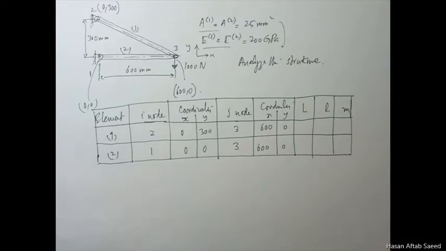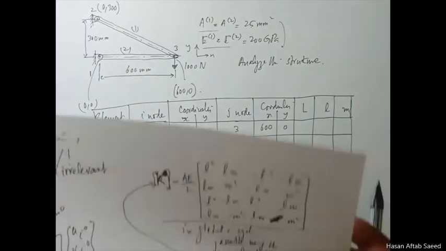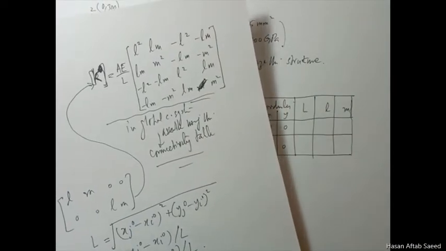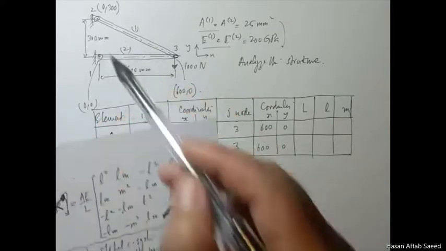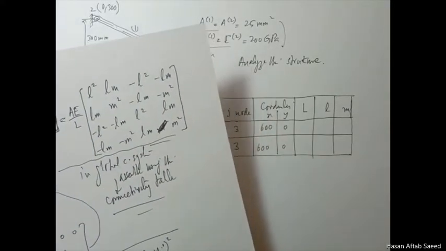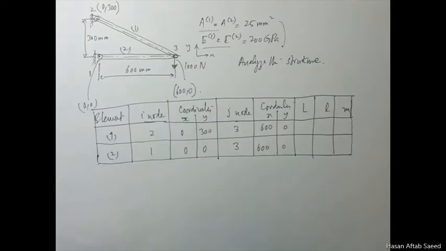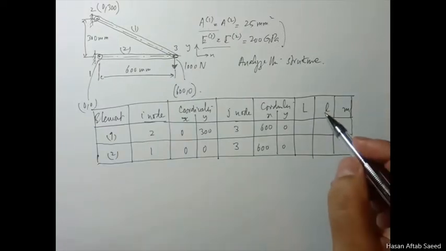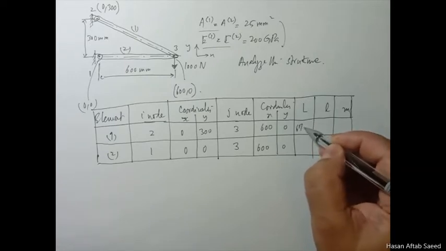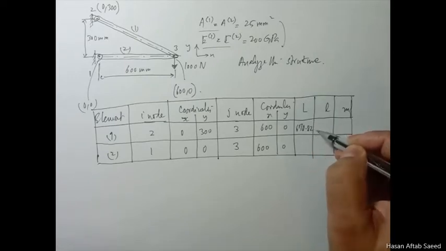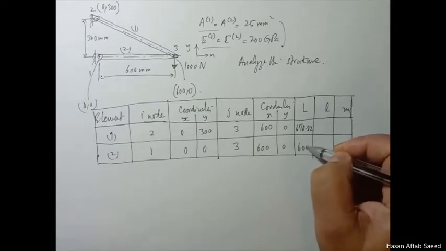And now if I use these equations, I can get the length of each element. This element is 600 obviously, but for this I can get the length, and then I can get L and M. In this case these things turn out to be 670.82, and this is 600, as is very obvious.